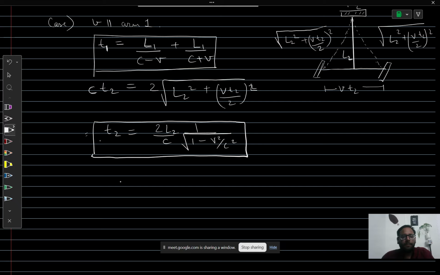Now what will be the optical path difference? Optical path difference will be c into delta t, that is c times (t2 minus t1), and what will it be?